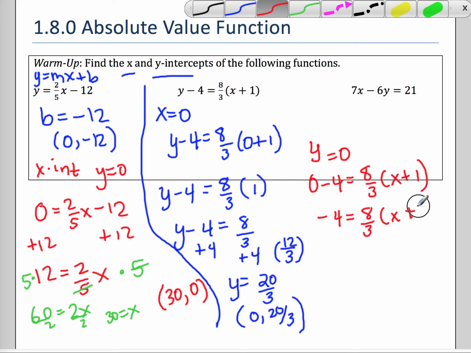And we did this before about clearing fractions. We can clear fractions if we multiply by what's in the denominator on both sides. So we can multiply this whole side by 3 and multiply this whole side by 3. So now these are gone, and I'm left with -12 equals 8 times x plus 1.